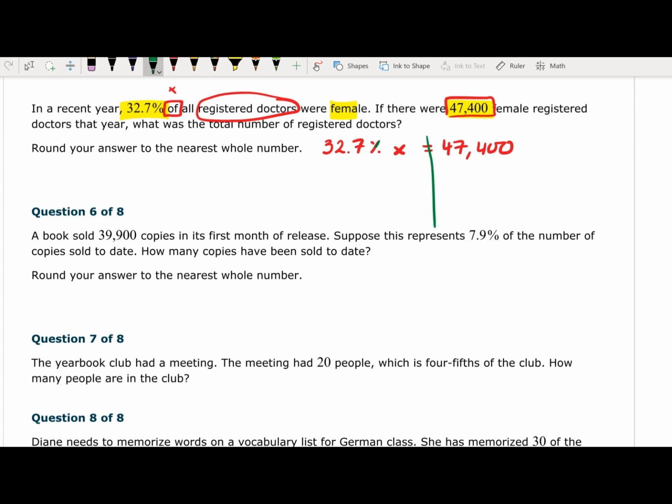Okay, so now we're going to solve this equation. First of all, don't ignore the percent. The percent is telling you that you have to divide by 100 to turn a percent into a decimal number. What you have to do is move the decimal point twice to the front. This number is actually 0.327. So 0.327 X equal to 47,400. Then you can solve for X by dividing 0.327 on both sides.